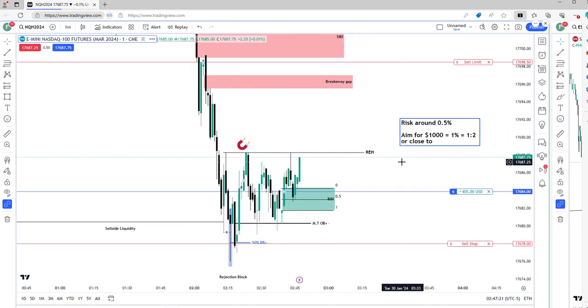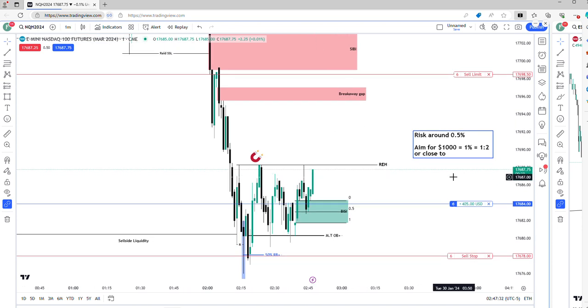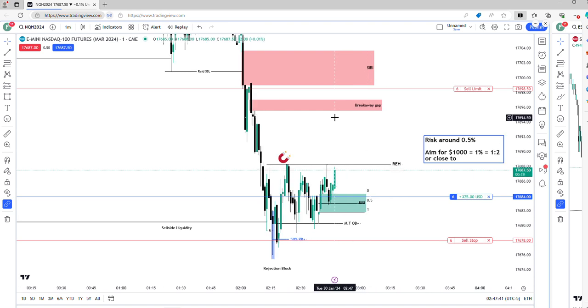So we're just going to see what happens with price. We're going to close this if we get to $1,000, or we might close like 5 contracts and then we can mitigate the rest. These are the relative equal highs that we're watching. So again, we're just leaving the things that are important for us here. We've got 22 seconds on this candle. We'll see if we can break past that.